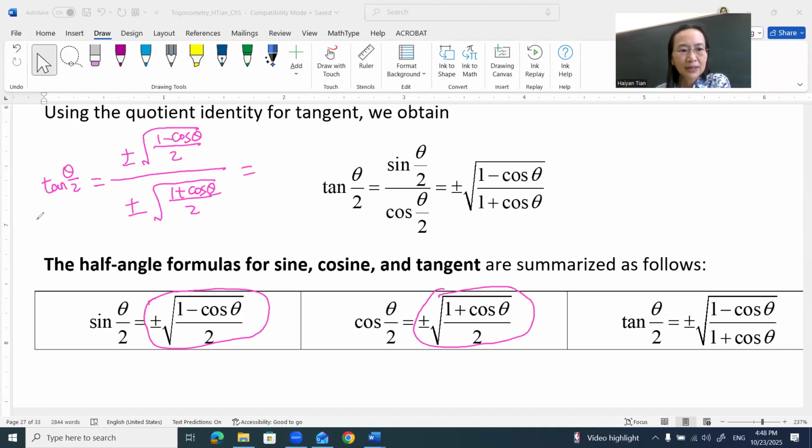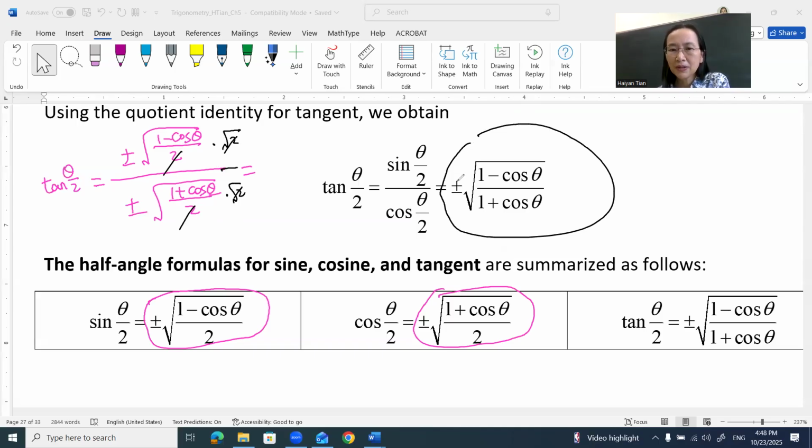If we multiply the numerator and denominator by square root of 2, the 2 and the square root can be canceled with this, and this 2 can be canceled with that. So the formula is reduced to this one.